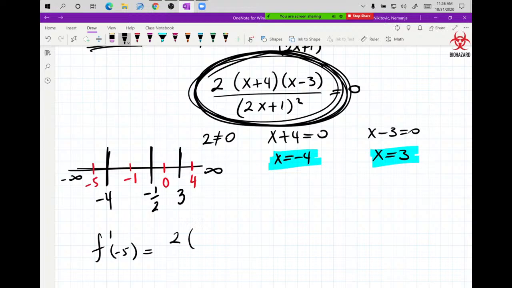2 times -5 plus 4, -5 minus 3, divided by an always positive number. This 2 is always a positive number. I don't need them. I can delete both of these things. When you square a value on the bottom, being positive or negative, it doesn't matter.